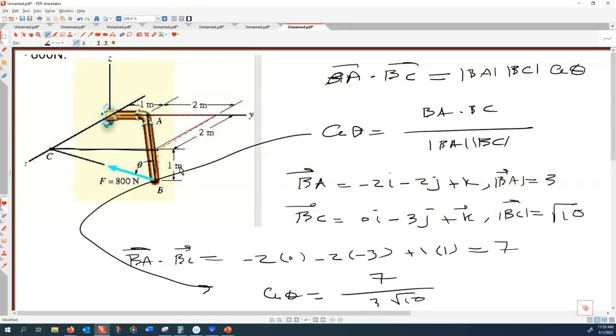So first I go up 1 unit, that's 1k. Then I go 2 units in the negative x direction, this is minus 2i, and then I go minus 2 in the j direction.